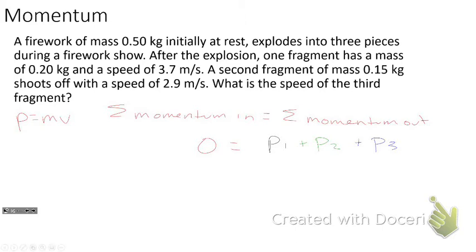Now we'll write down our variables, what we know. The mass of the whole bundle is 0.5 kilograms, and it's going into three pieces. Fragment 1, M1, is 0.2 kilograms and has a speed of 3.7 meters per second.